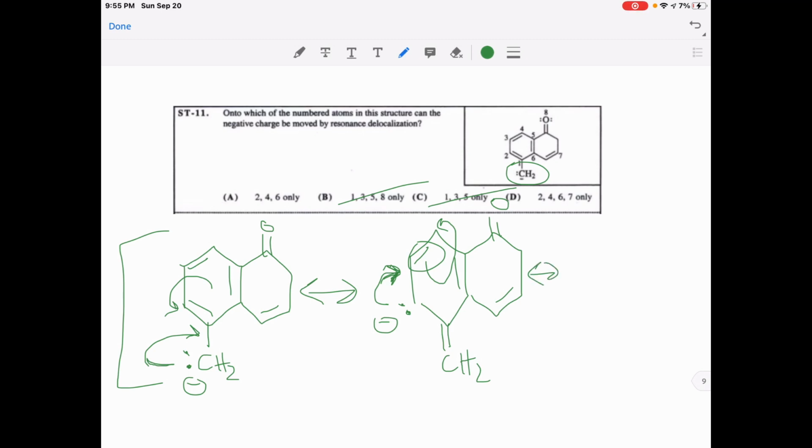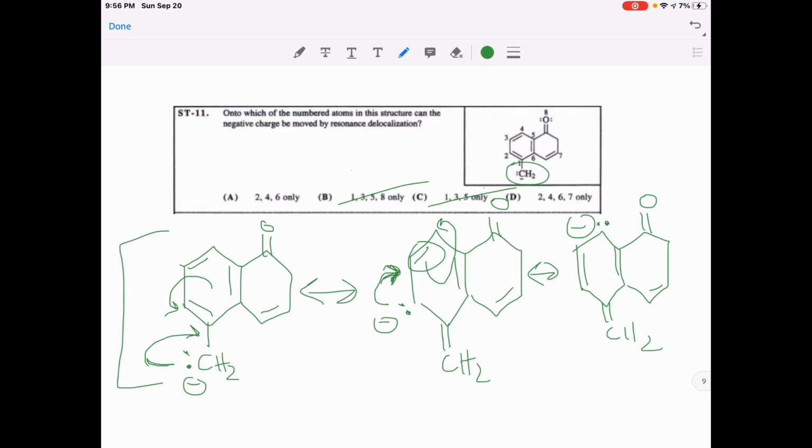When we do that, we get the following structure. So now we have 2, 4, and it's time to see whether or not we can, oh, I forgot to add that extra double bond. Now it's time to see if we can get it to 6.